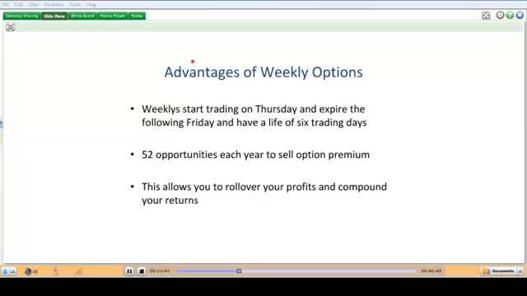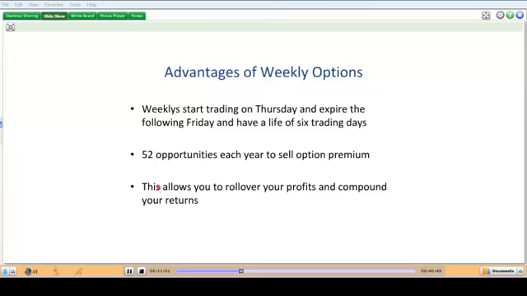So with weekly options, if you're not familiar with weekly options, they start trading on Thursday, and then they expire the following Friday, and they have a life of 6 trading days. And again, there's 52 opportunities each year to sell option premium, and this allows you to roll over your profits and compound your returns.